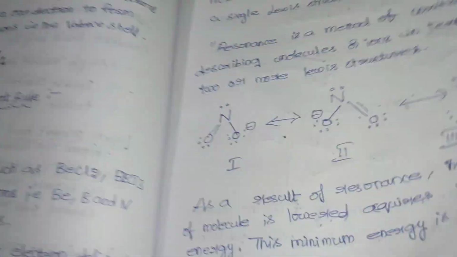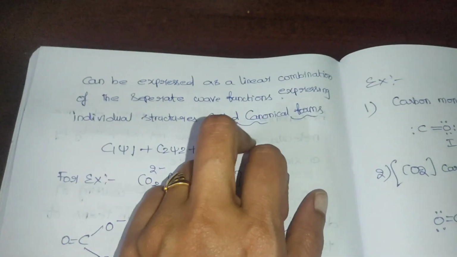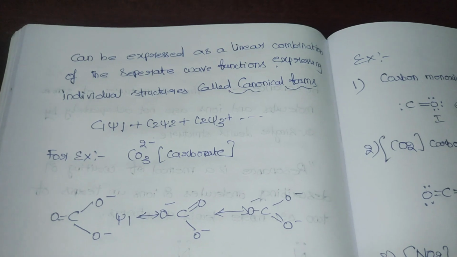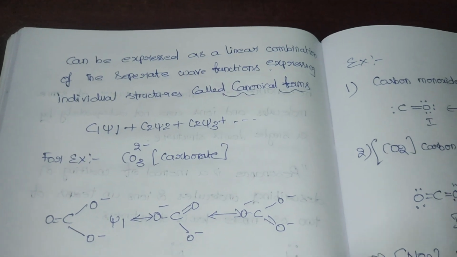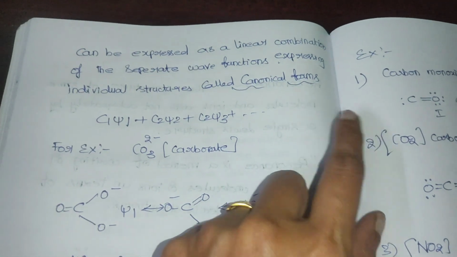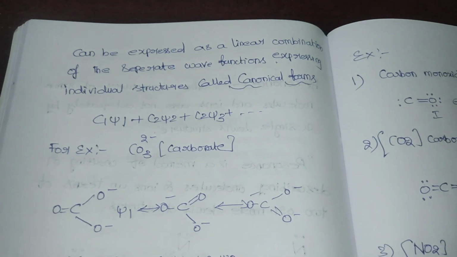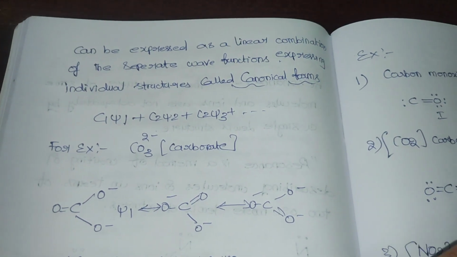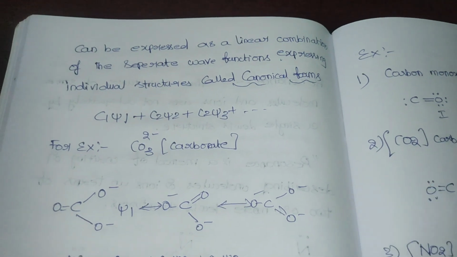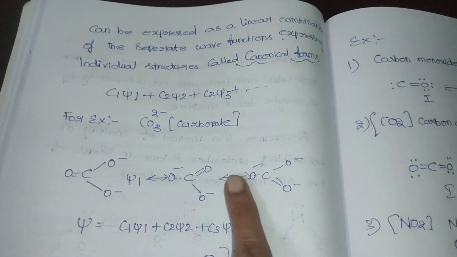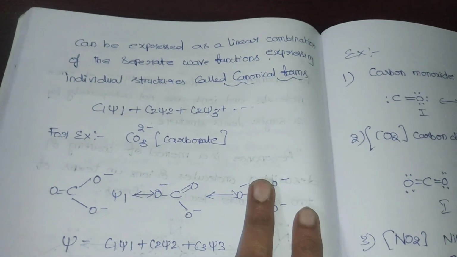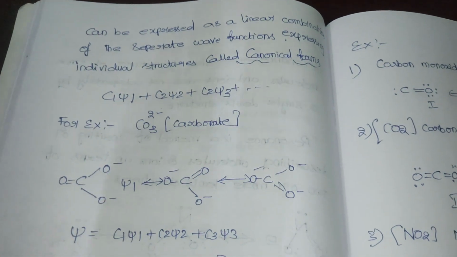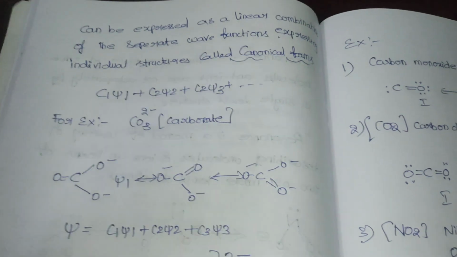In this, the Lewis structure can be expressed as a linear combination of separate wave functions expressing individual structures, called canonical forms. We will understand it when I explain this.